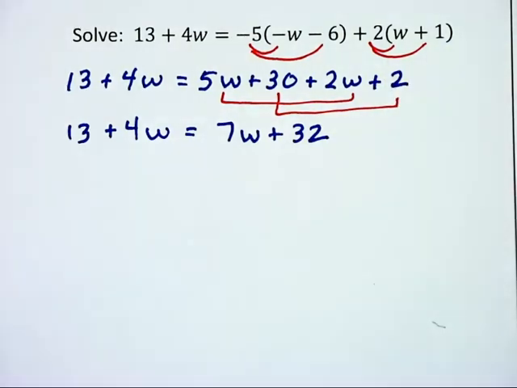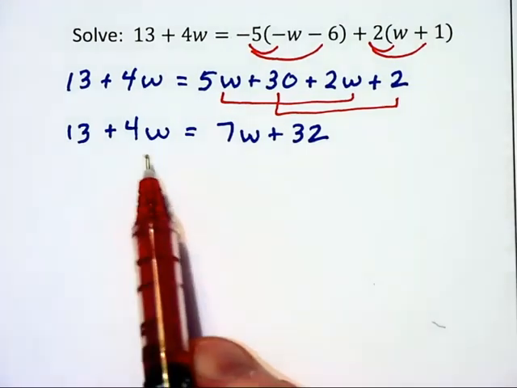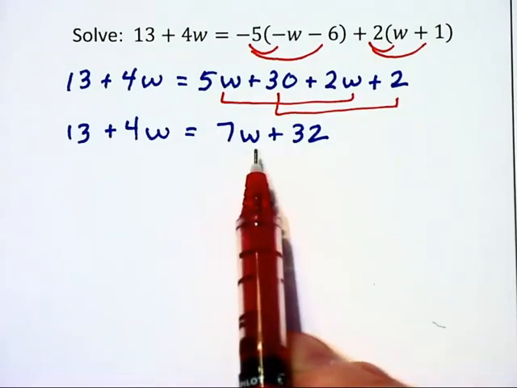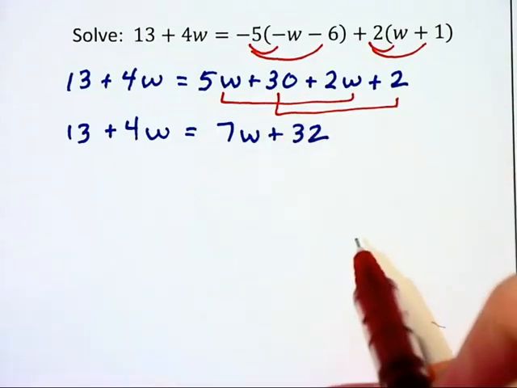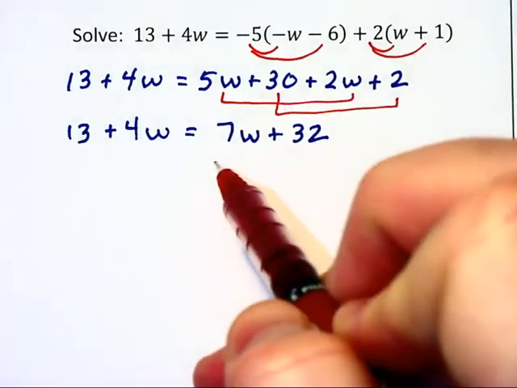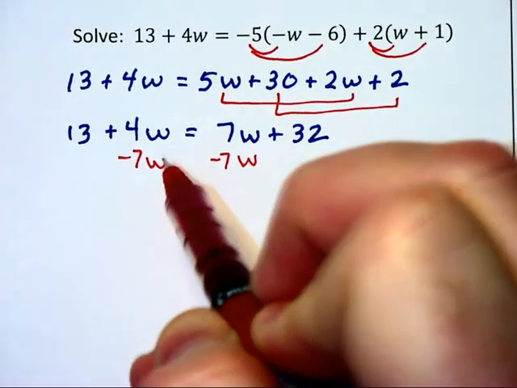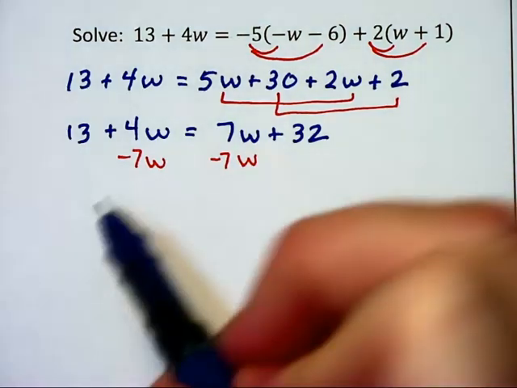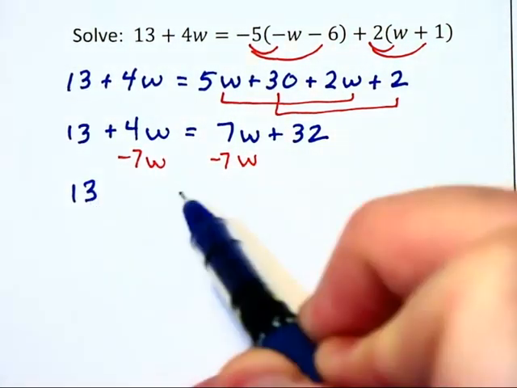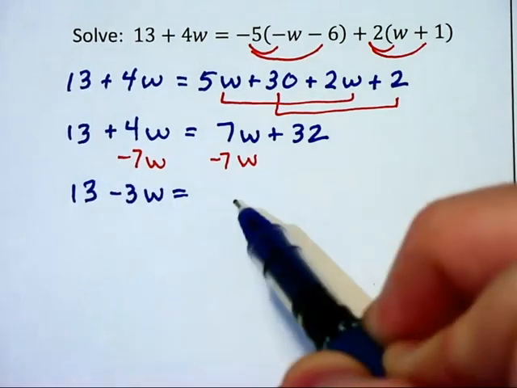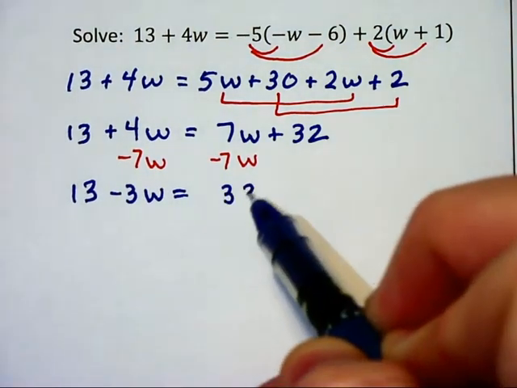Now that each side is simplified, we want to get all the variables to one side, and you can either subtract 4w off of the left or 7w off of the right. Since most of you will prefer to have the variable on the left, I'm going to choose to subtract 7w on each side of the equation. So we're going to have 13 on the left minus 3w equals 32 on the right.